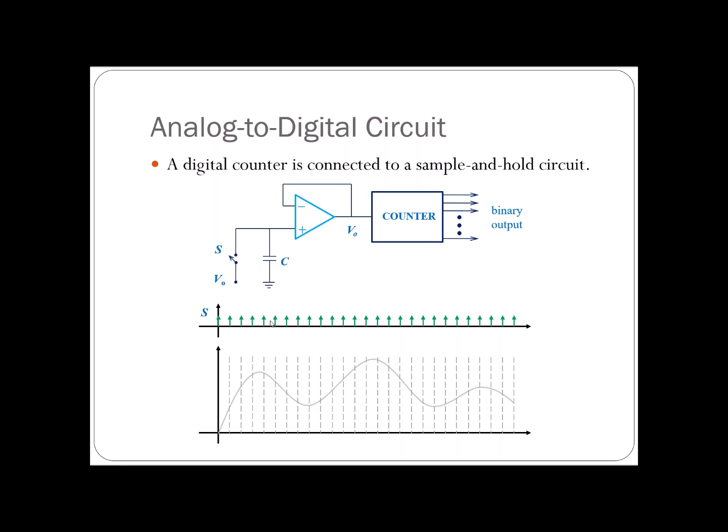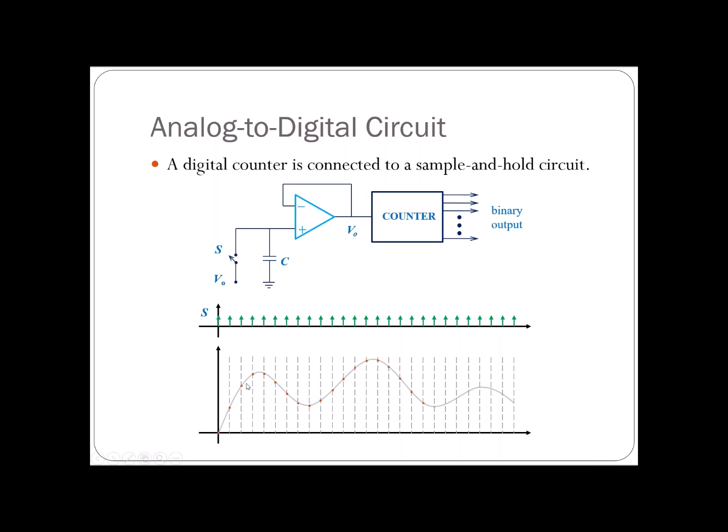In such, if I regulate the switch S in this manner, basically what is passed to the op amps is this point, this point, this point, this point, this point, and so on and so forth. Just at the instance when I close the circuit, when I set the S on.